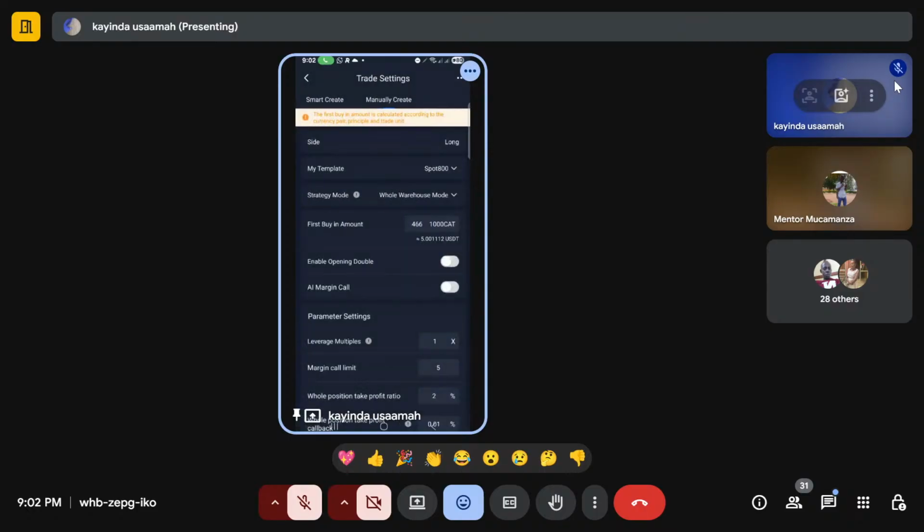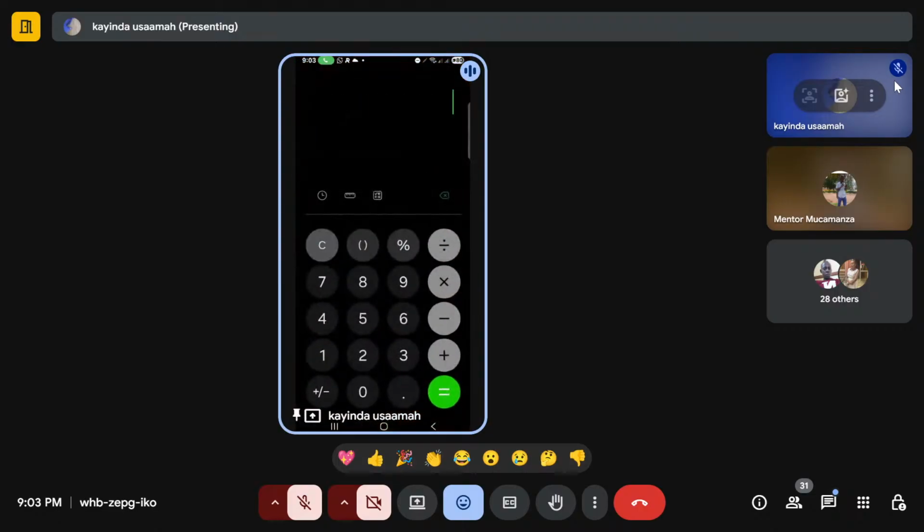By default, Royal Q puts for us the first buying amount as 5. 466 1,000 cuts coins are equivalent to $5. But remember, for me, my first buying amount is 20. So look at the number.